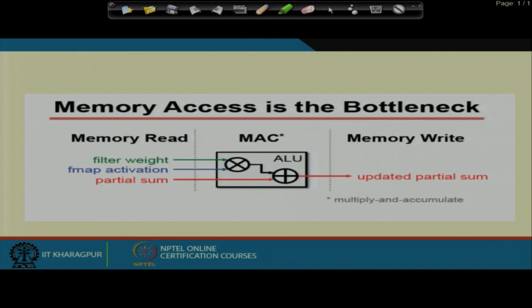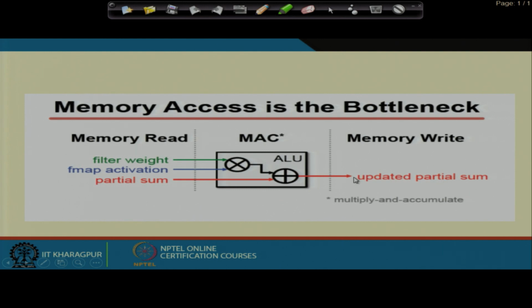Memory access is the bottleneck because the ALU consists of a MAC unit. For a memory read I need to read 3 components: the filter weight, the map activation, and the partial sum. Then the updated partial sum is stored back in memory.